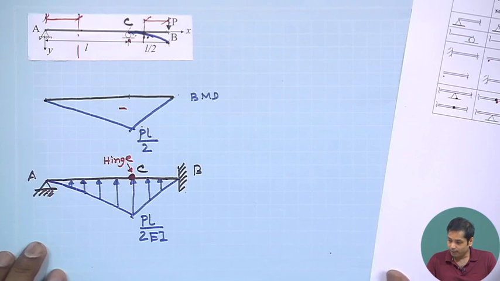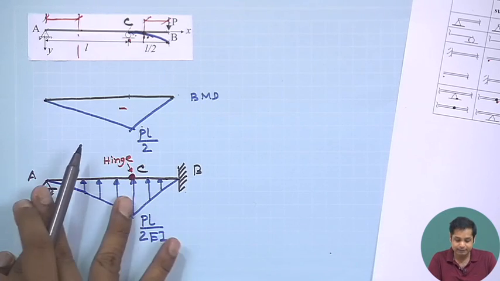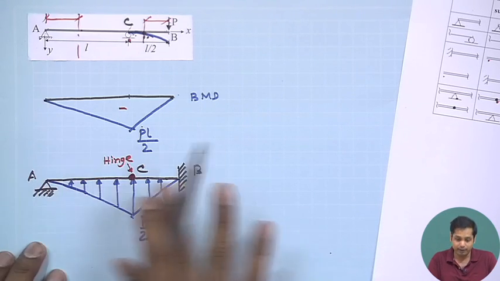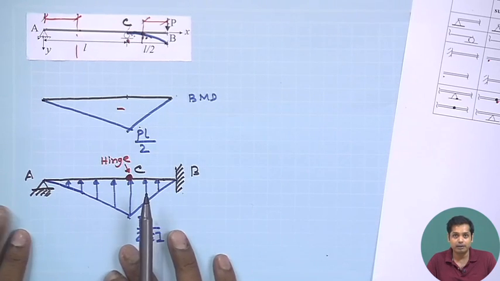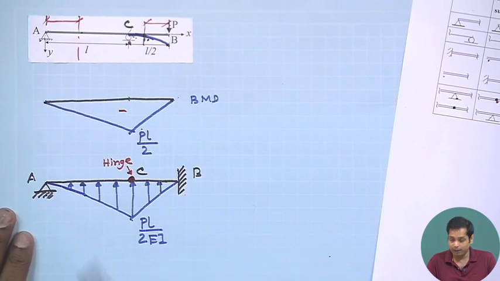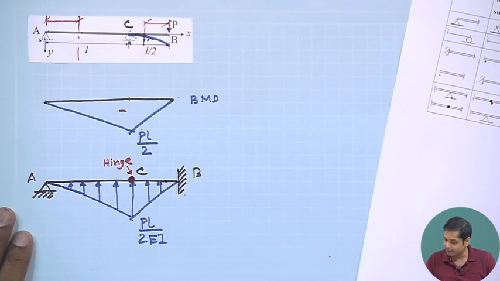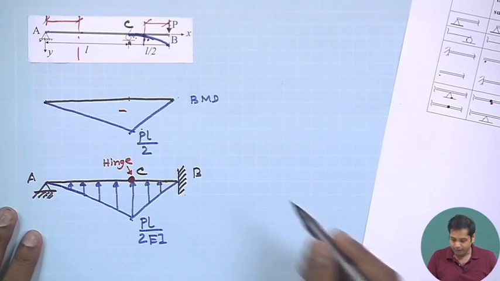Now, you can take the free body diagram of part AC separately, free body diagram of part CB separately, apply the equilibrium condition and find out the bending moment. You know this. So, we won't do that exercise here. I will just give you the final result.